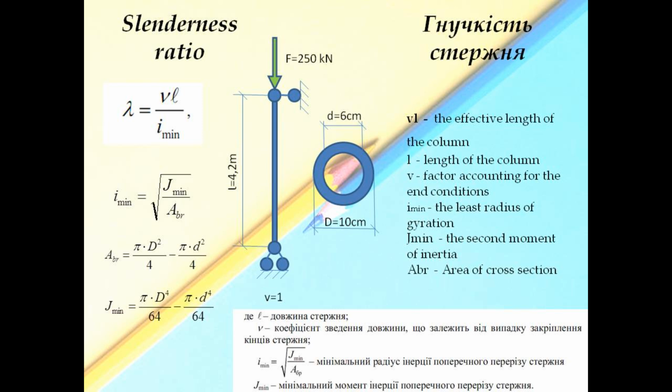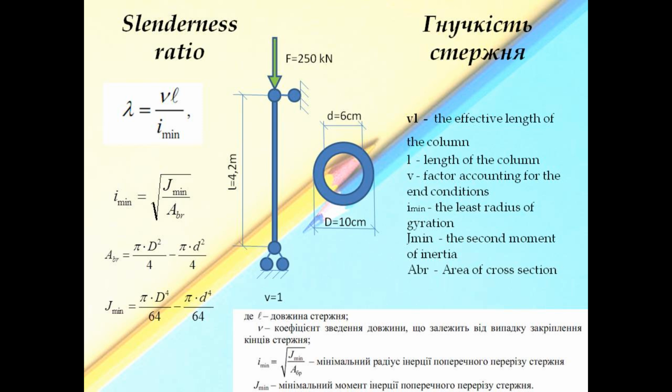It is the ratio of the effective length of the column and the least radius of gyration. We have already known the length of the column. That's why the next step is to find the radius of gyration and the factor accounting for end conditions.